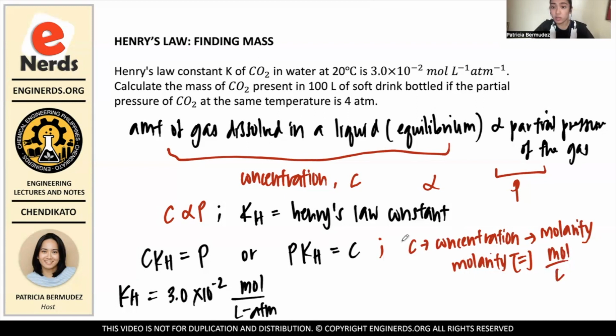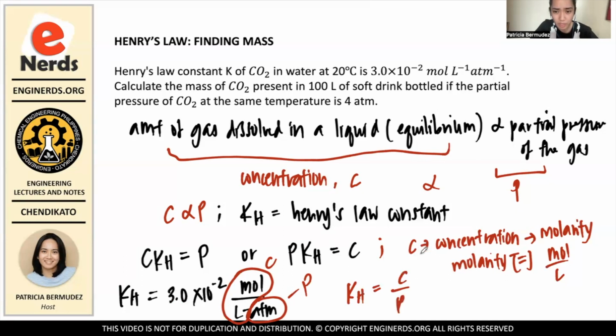And yun yung unit ng concentration natin here. And makikita natin dito na ito is actually yung concentration. Right? And then itong atmosphere, it is the unit for pressure. Right? And technically, nasa numerator yung C natin and yung pressure ay nasa denominator. So, malalaman natin dito na ang form nito is actually KH is equals to C over P.